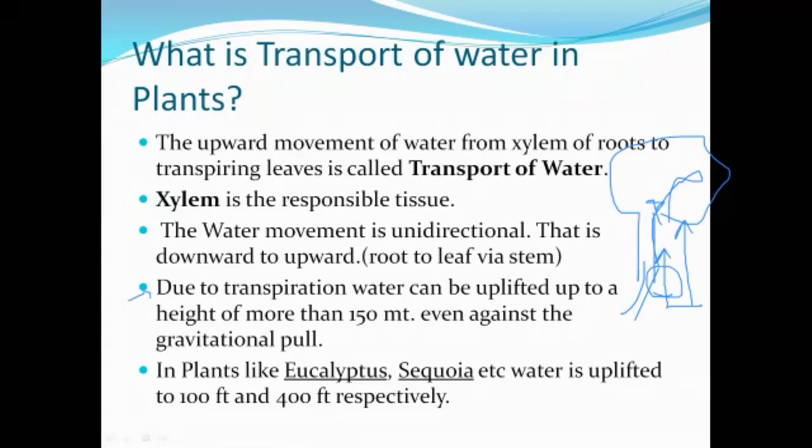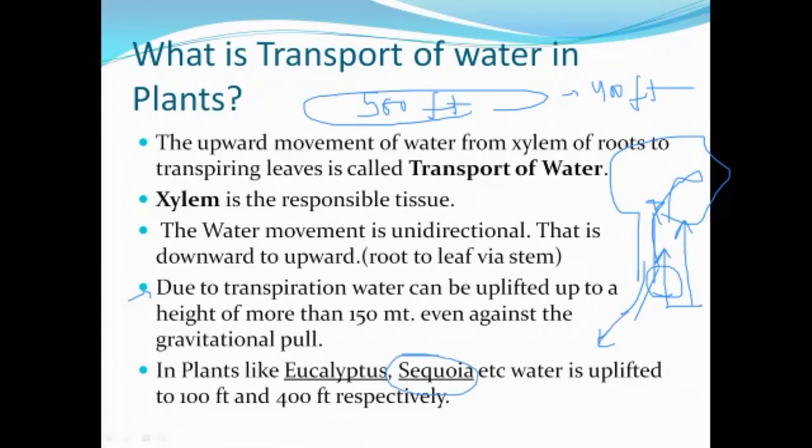Due to transpiration, the water can be uplifted to a height of more than 150 meters, or you can say even up to 500 feet. That 500 feet is very much enough. The tallest plants in this world are generally 400 feet. The tallest plant is Sequoia sempervirens, the redwood tree of California.